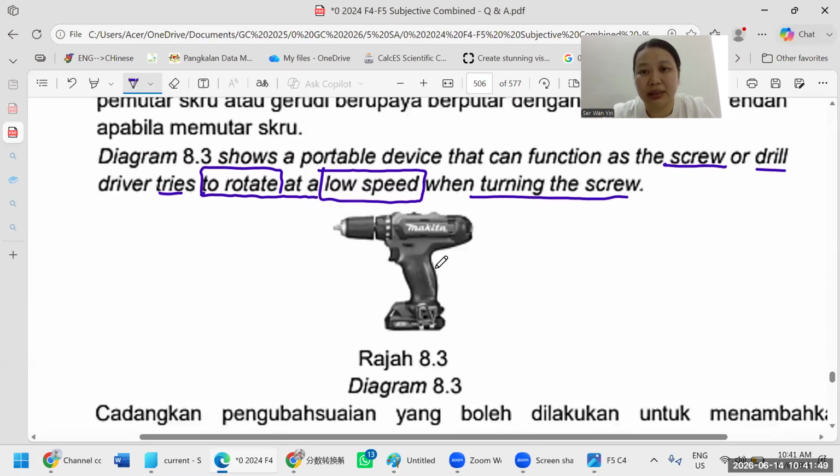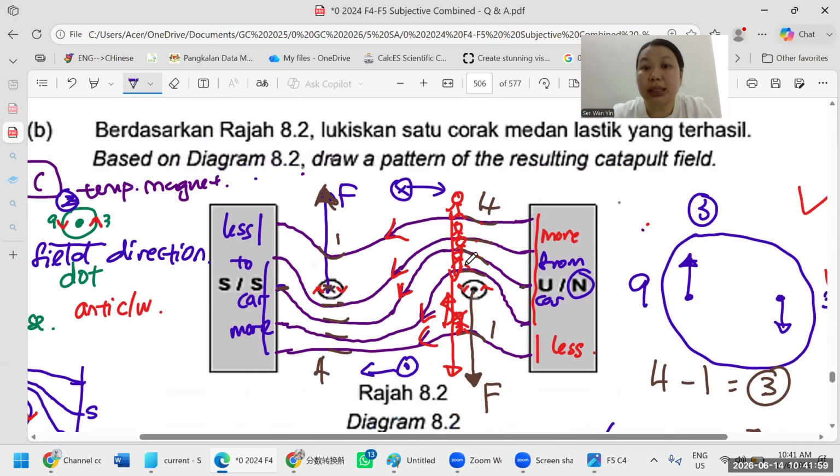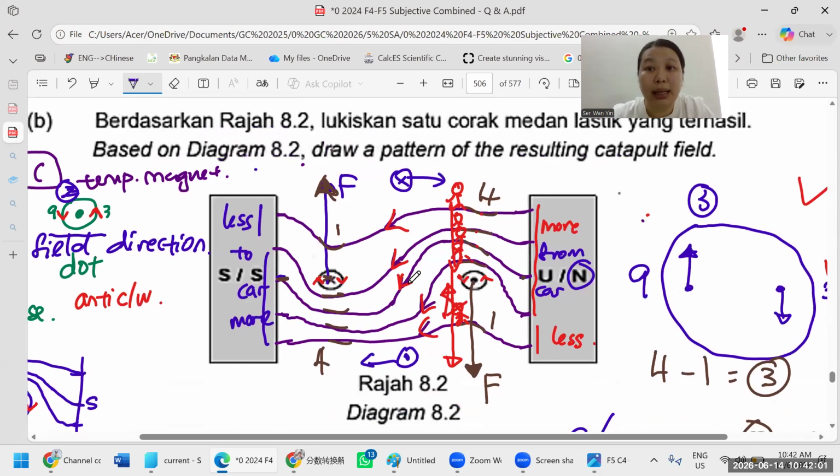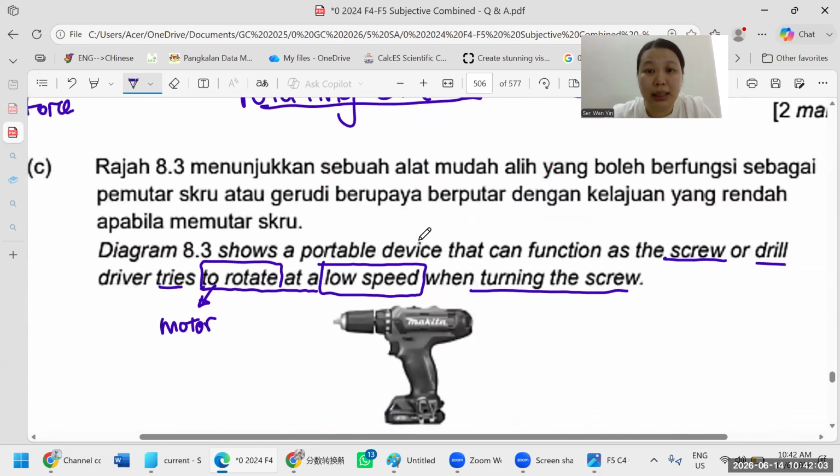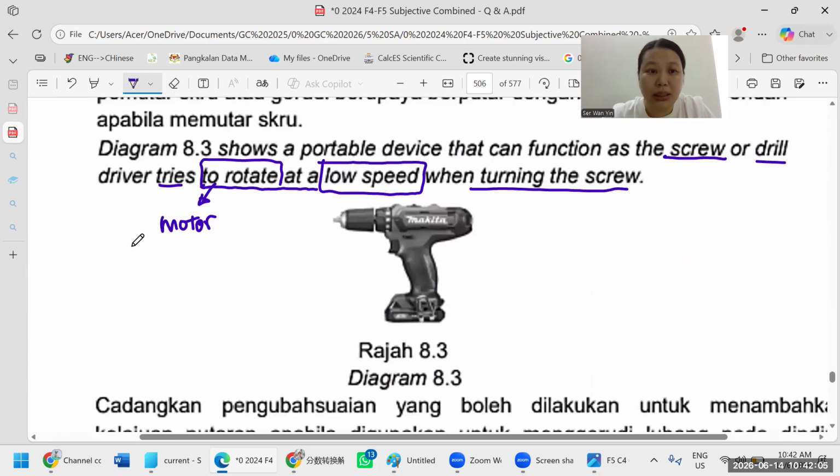A device like this that moves means this is a motor. A motor means inside got these things. So in your mind, think about motor. You need to relate back to what you learned. What is the physics concept about motor?